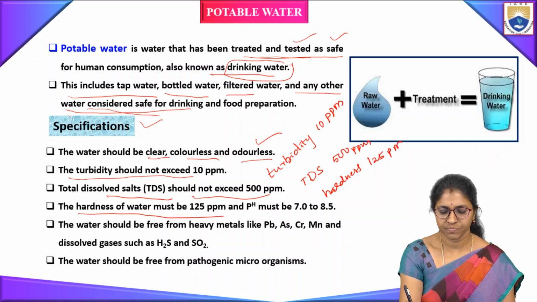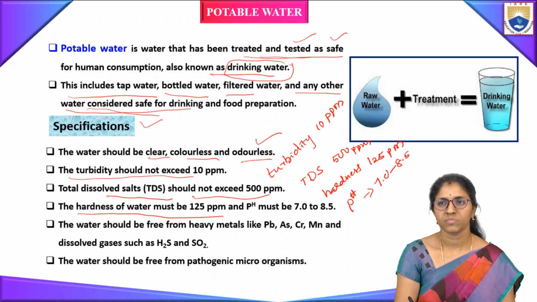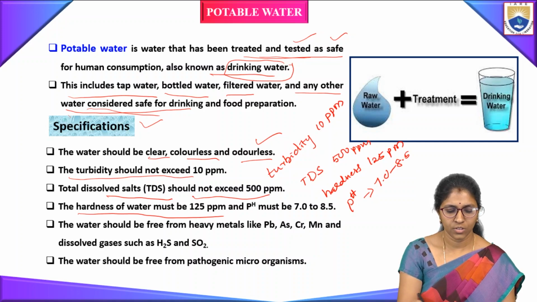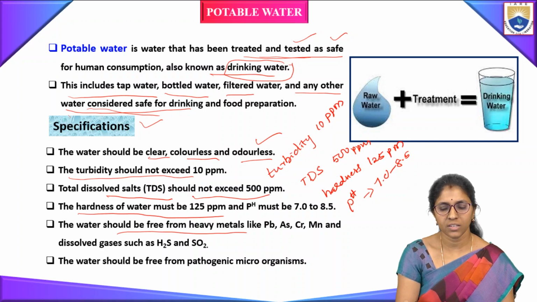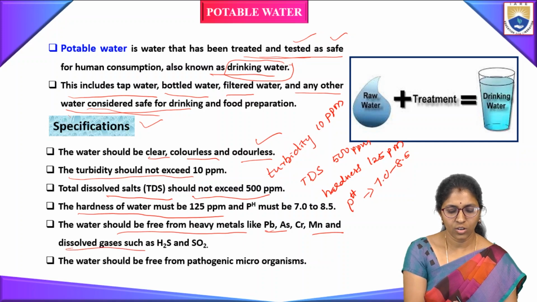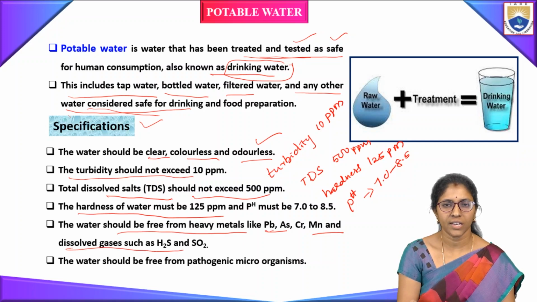The pH of potable water is 7 to 8.5. The water should be free from heavy metals like lead, arsenic, chromium, manganese, and dissolved gases such as H2S and sulfur dioxide, SO2.